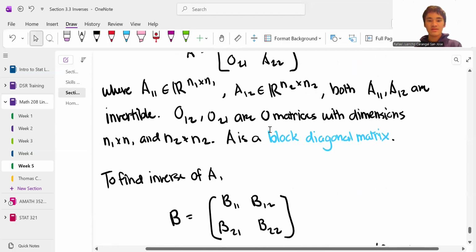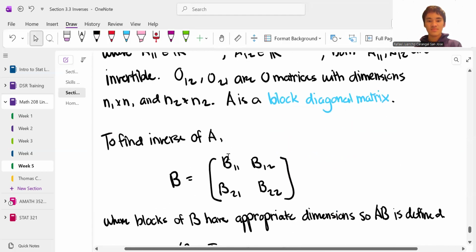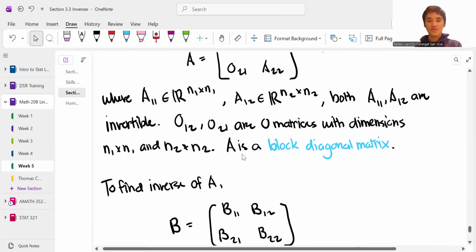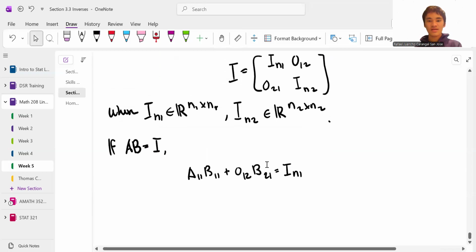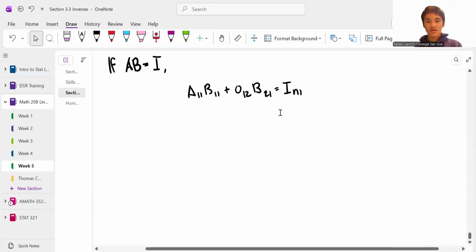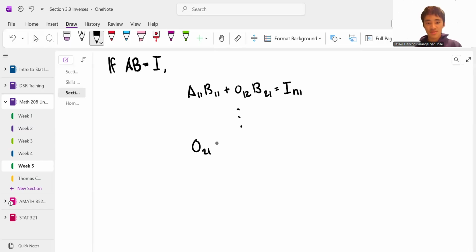Where did I get that? I multiplied A11 times B11, 0 sub 1 2 times B21, and that's equal to the first entry. And we're going to keep doing that again and again until we get to the last. So it's again just a dot product, but with matrices.